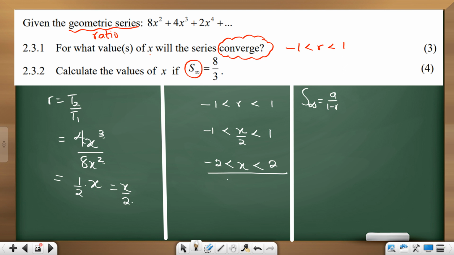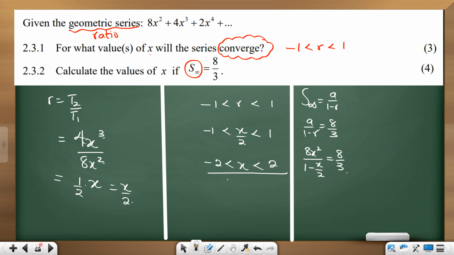Now we know our A. Remember we are solving for x, right? So we are saying A over 1 minus r equals 8 over 3. What's our A? 8x squared over 1 minus x over 2. Oh, there's a lot of fractions here.